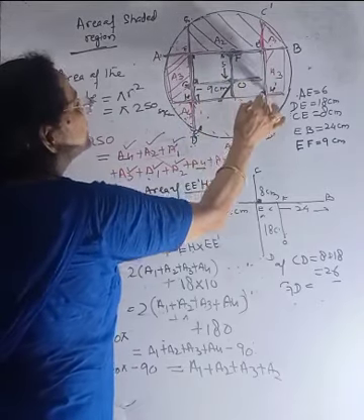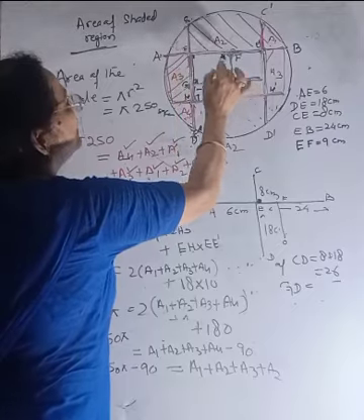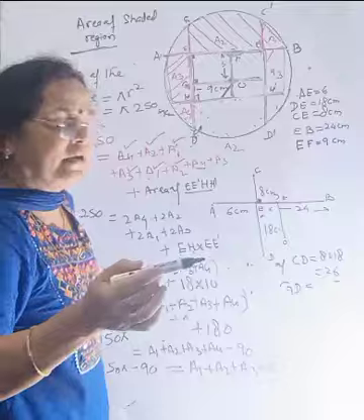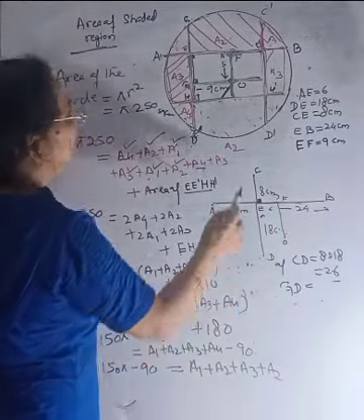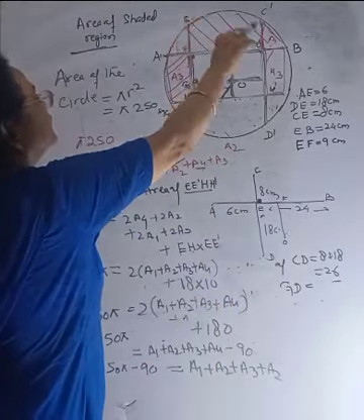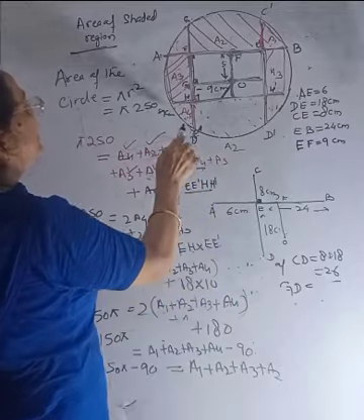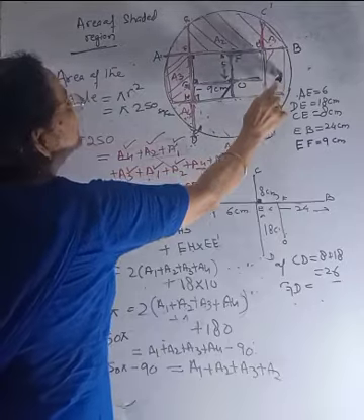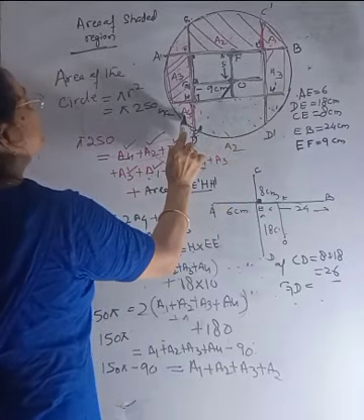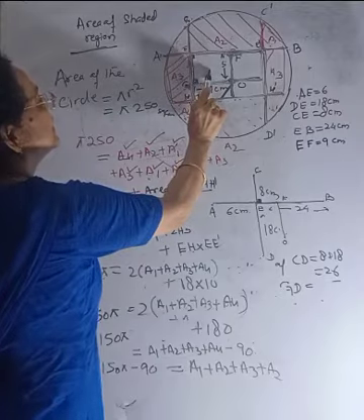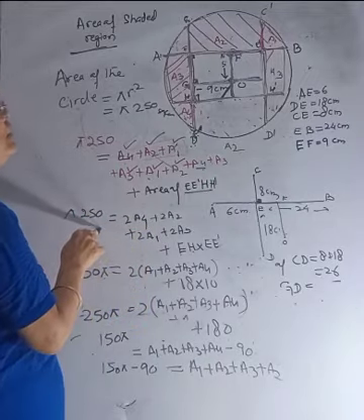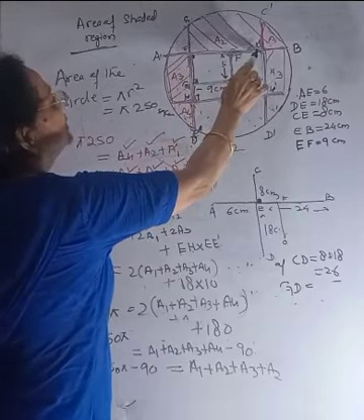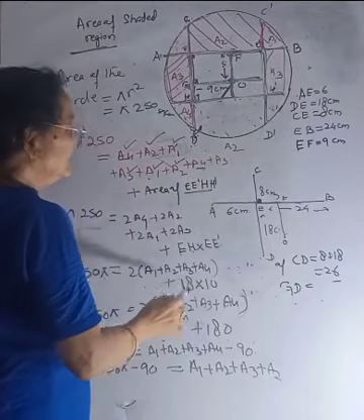So the area of this rectangle will be 10 into 18, that is 180. The whole area of the circle can be written as the sum of all these areas, which is pi 250, out of which we have subtracted this 18 into 10, which is 180.